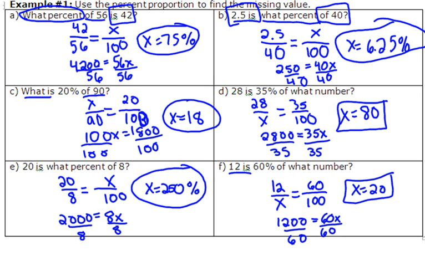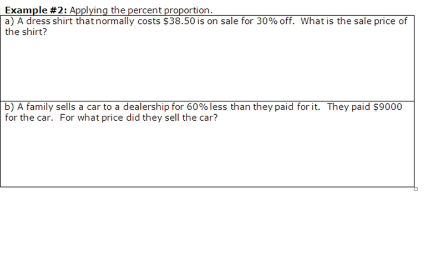Alright, so let's put some of these problems into context. So A says a dress shirt that normally costs $38.50 is on sale for 30% off. What is the sale price of the shirt? So this doesn't have the words is and of there, but that's okay. So we're giving a 30% discount.